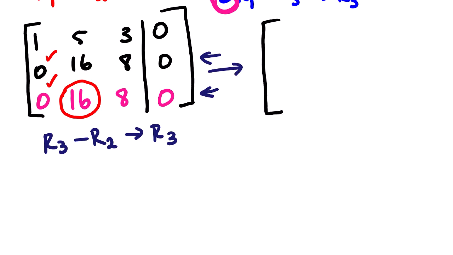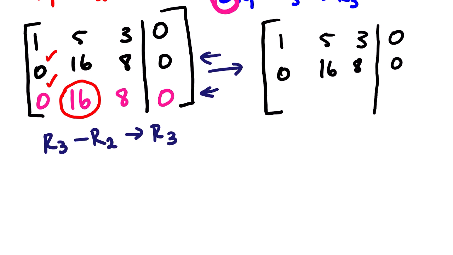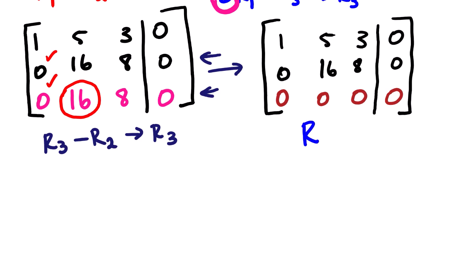Row number 1 will remain the same, 1, 5, 3, 0, and row 2 is 0, 16, 8, 0. Then from here, 0 minus 0 is basically 0, 16 minus 16 is 0, 8 minus 8 is 0, then we have 0. So from here we can see that we have obtained the row echelon form.